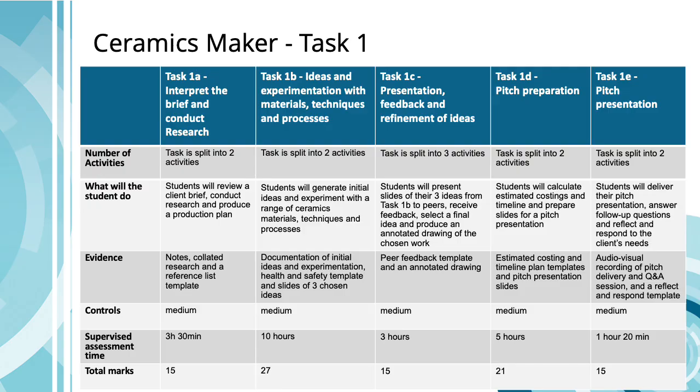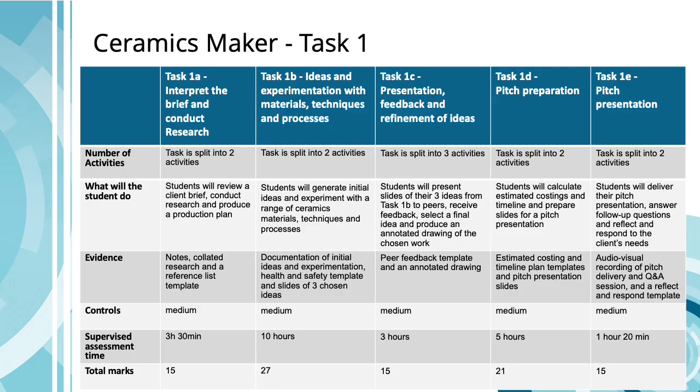We'll look at each part of the task now, using ceramics as an example, but bear in mind that each occupational specialism has the same 9 parts and each one follows a very similar format and assessment focus. Task 1A, Interpret the brief and conduct research, is split into 2 activities completed over 3 hours 30 minutes for 15 marks. In this task, students will review a client brief, conduct research, and produce a production plan.